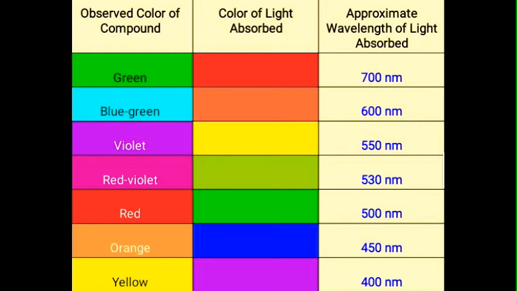If it is a yellow colored solution, the light absorbed is violet and the wavelength is 400 nanometers.